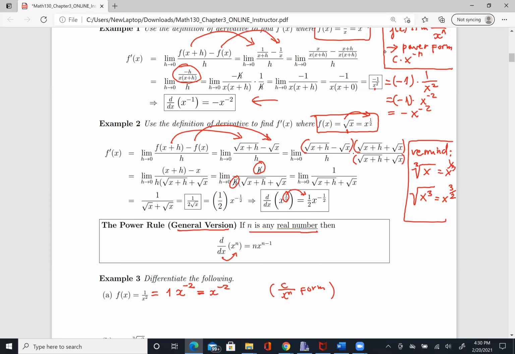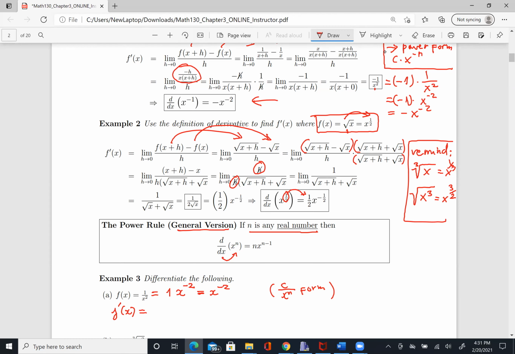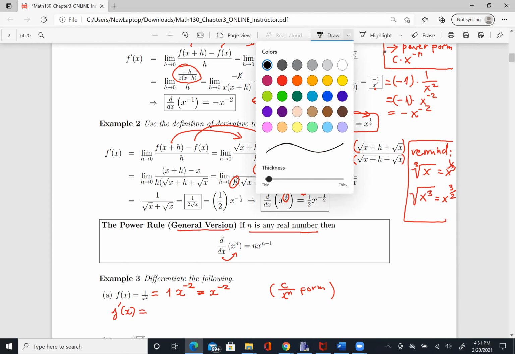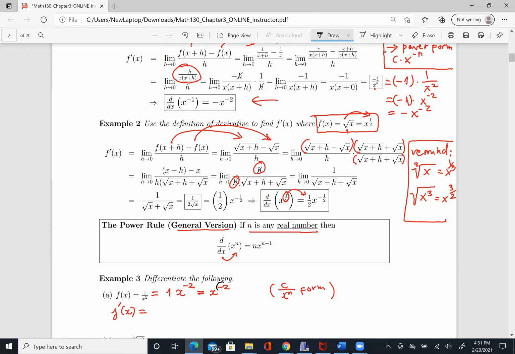So we can just write it as x to power -2. Okay, now I'm going to take the derivative of this, because the question is saying differentiate the following. So I will take the derivative of this by using the power rule. Now you should see that the power was -2, right?